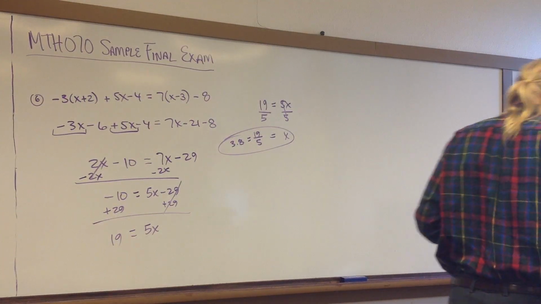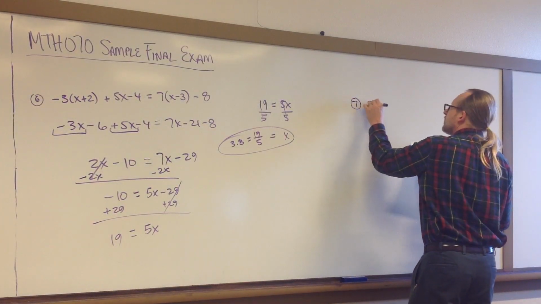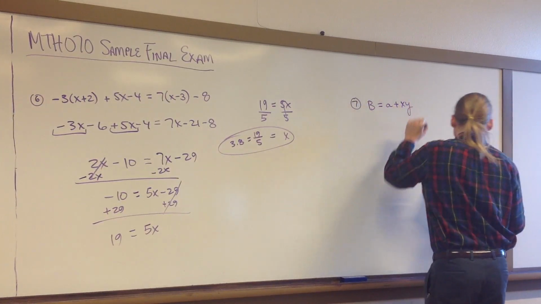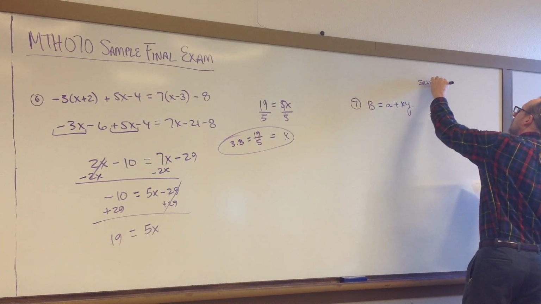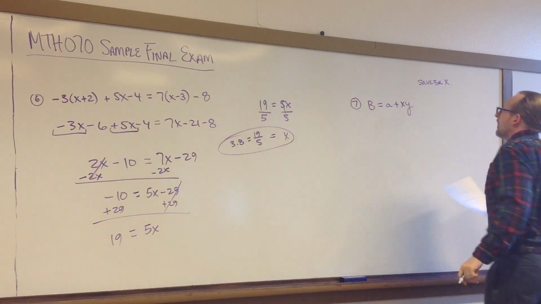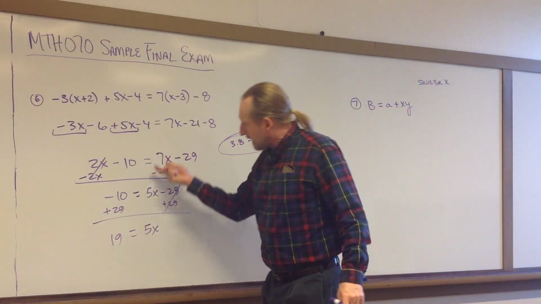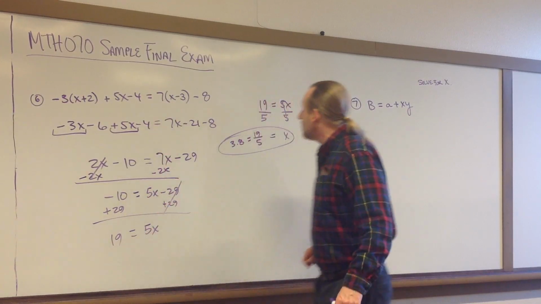Now problem 7. Now we do this without numbers. Right? We've got b equal to a plus xy, and we want to solve for x. So, first thing we want to do is get the thing that has the x in it by itself, just the same way as we did over here, right?